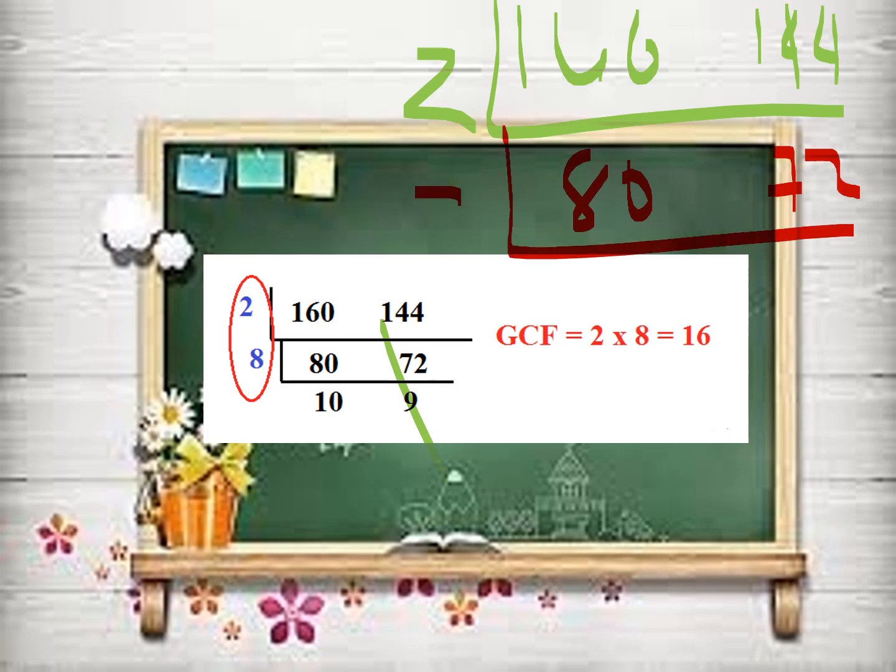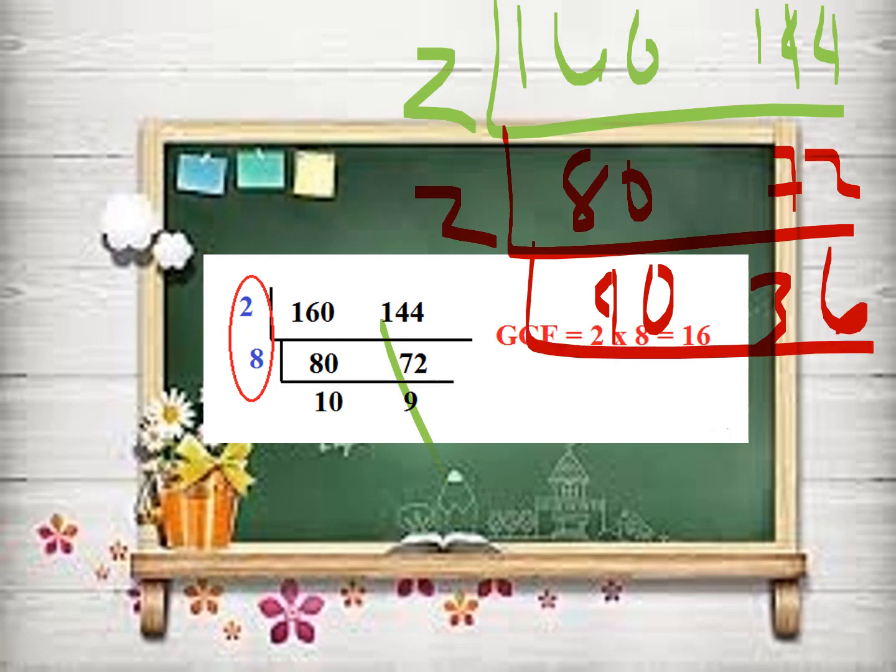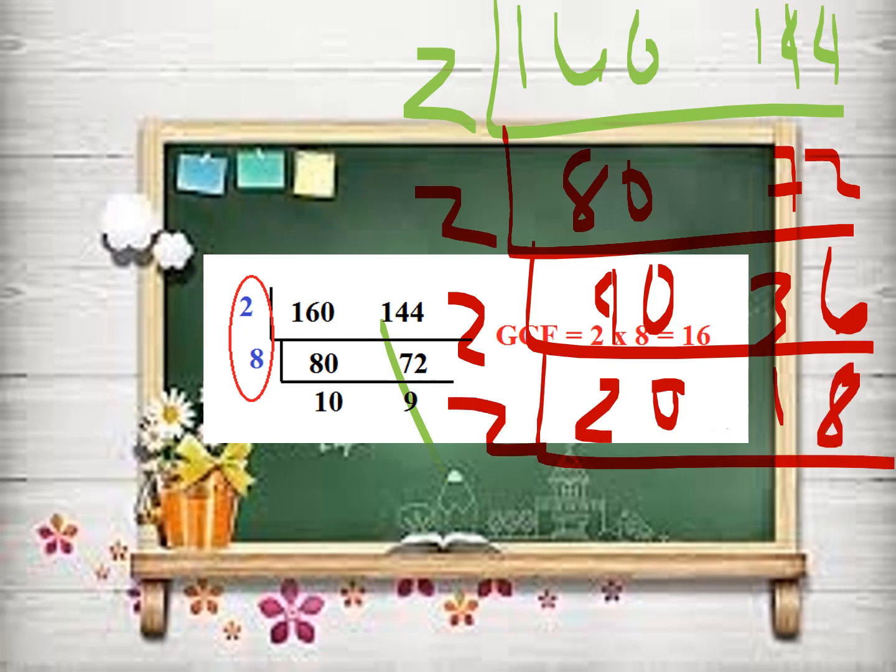Again, divided by 2, the answer is 40. 72 divided by 2 is 36. Again, divided by 2, 20 and 18. Then divide by 2, 10 and 9.